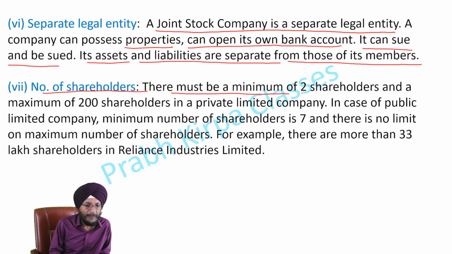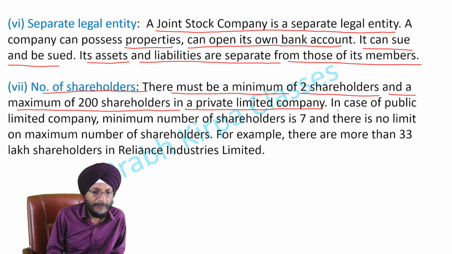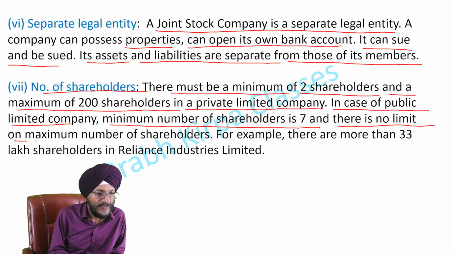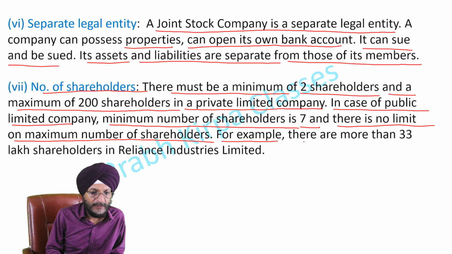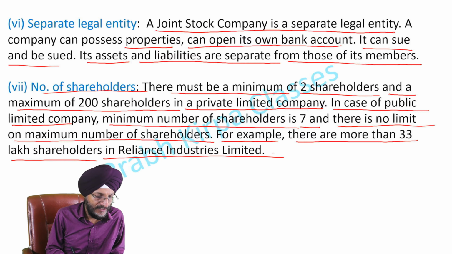There must be a minimum of 2 shareholders and a maximum of 200 shareholders in a private limited company. In case of public limited company, minimum number of shareholders is 7 and there is no limit on the maximum number of shareholders. For example, there are more than 33 lakh shareholders in Reliance Industries Limited.